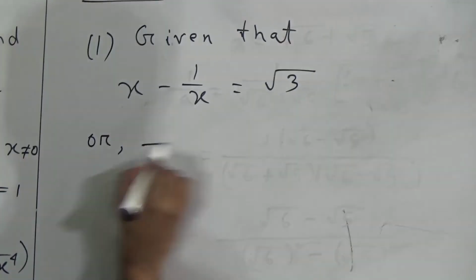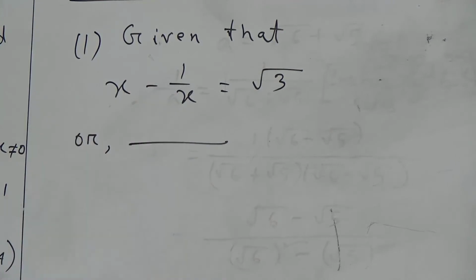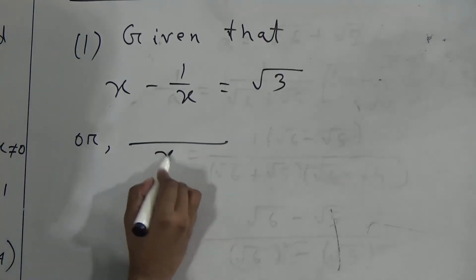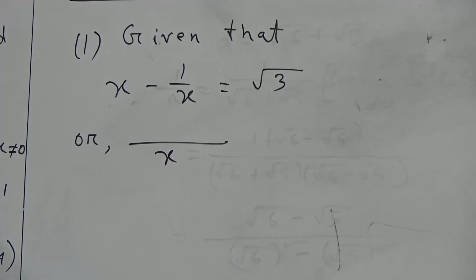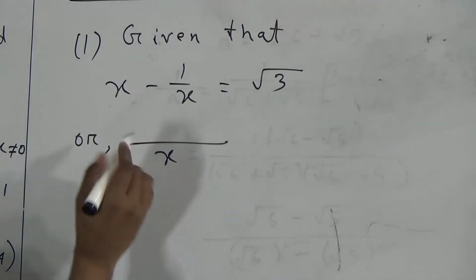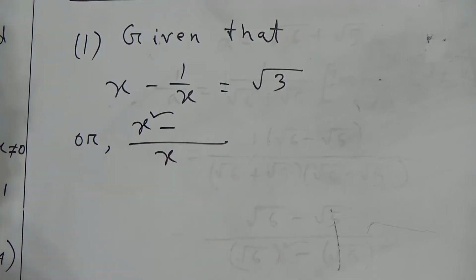Here denominators is 1 and here denominators is x. So LCM of 1 and x will be x. If we divide x by 1, then x, and if we multiply x with x, then it will be x square minus.